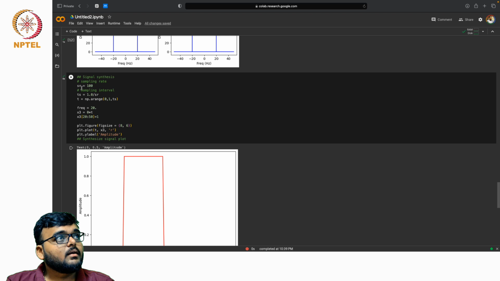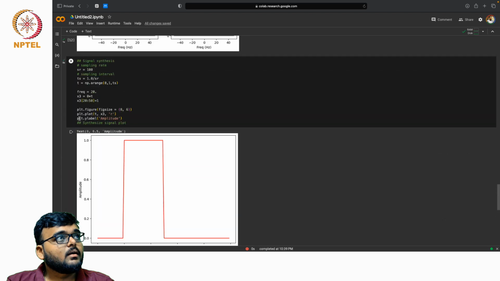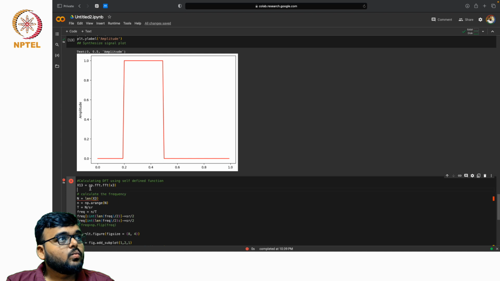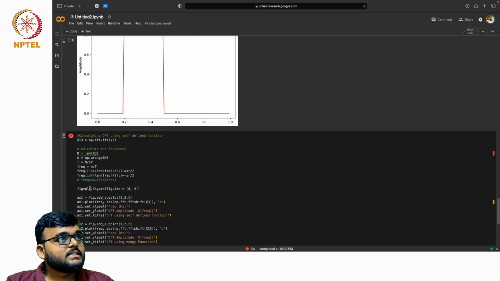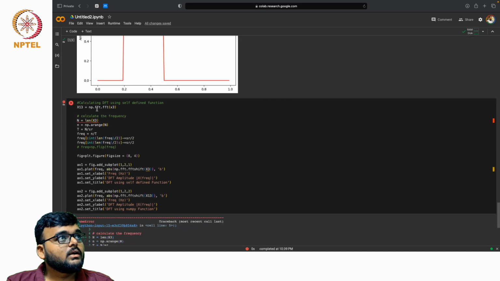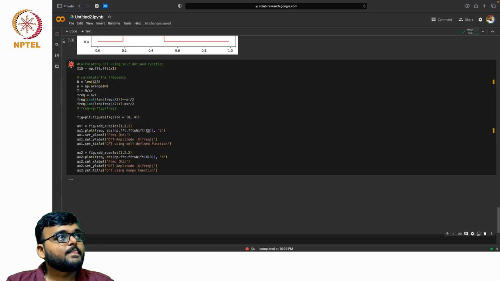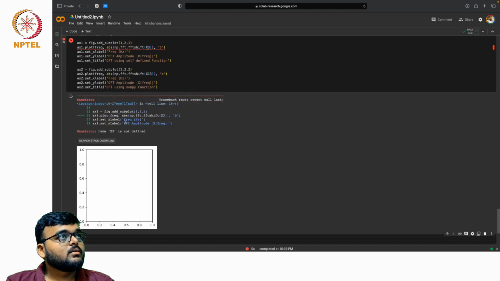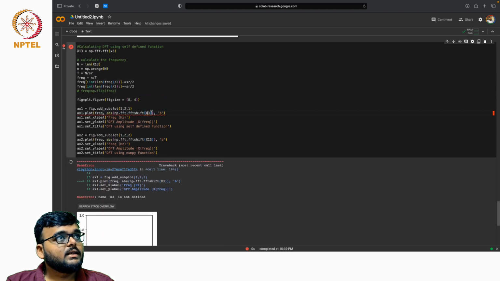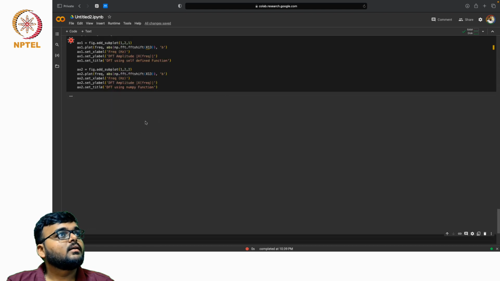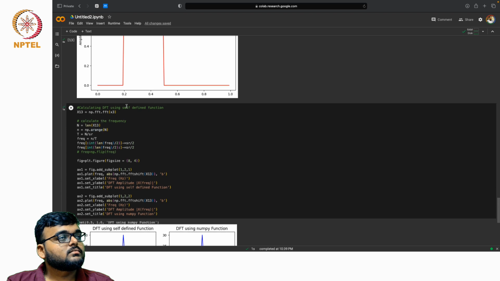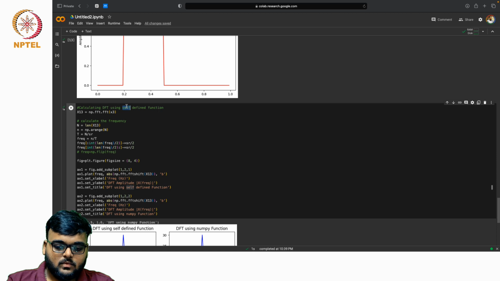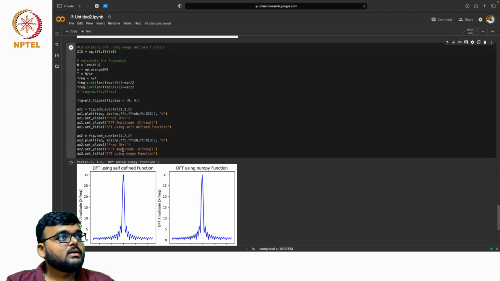Pardon me. It's saying there is no variable called x3. So this is not x3, this is x13. So here also it's saying x3, so it's x13. NumPy defined function.